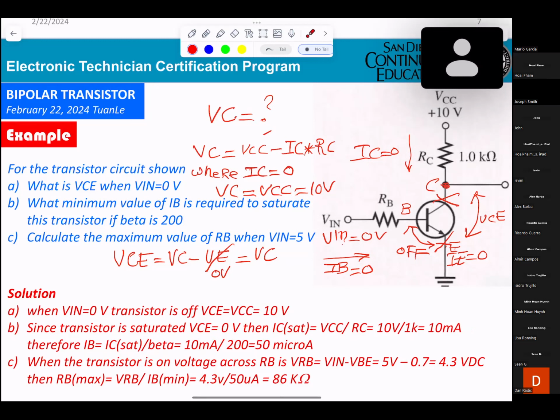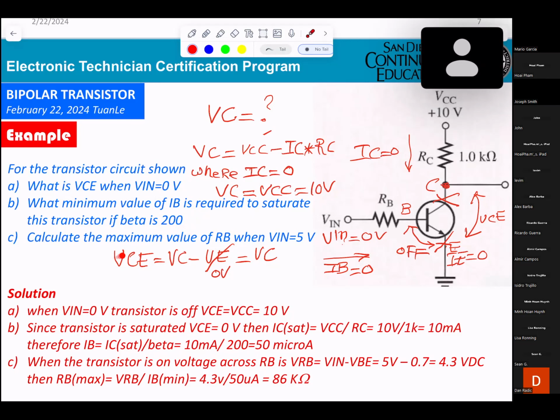What we already know is that when the transistor saturates, VCE equals 0. Therefore, IB equals IC saturate divided by beta. IC saturate 10 milliamps divided by 200, since beta equals 200, gives you 50 microamps.